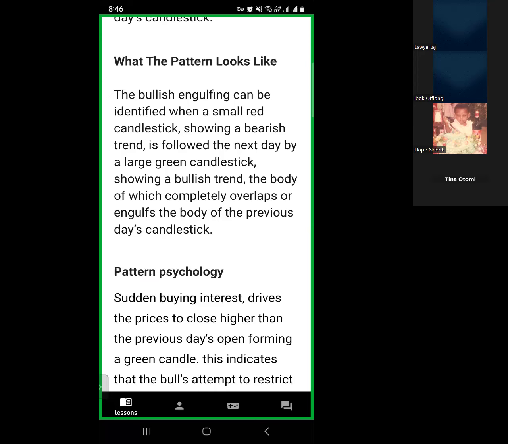Please, you all got to understand, they're using the word day here. That's day time frame. That means that you'll be checking on this pattern on longer time frames.